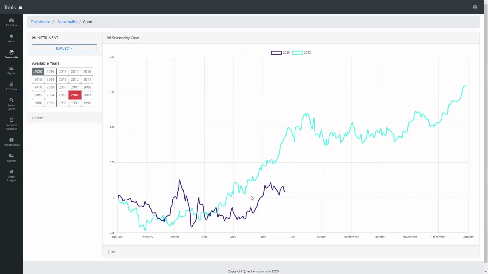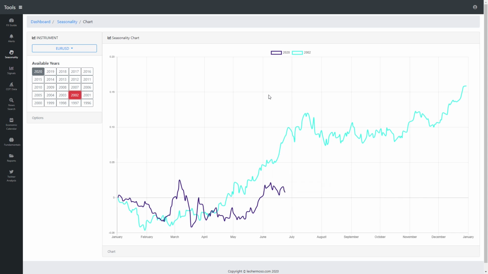And as you can see right now, from 1996, from 2020, the year 2022 is the most similar to the year that we are living right now, according to price returns for EURUSD. So this is what we should expect to happen.